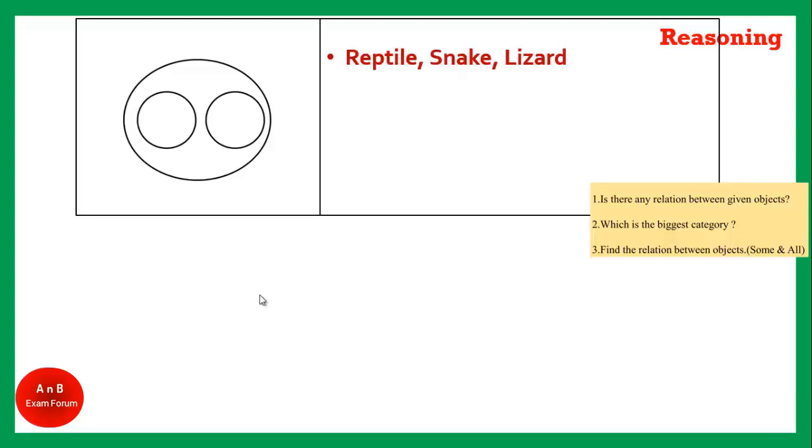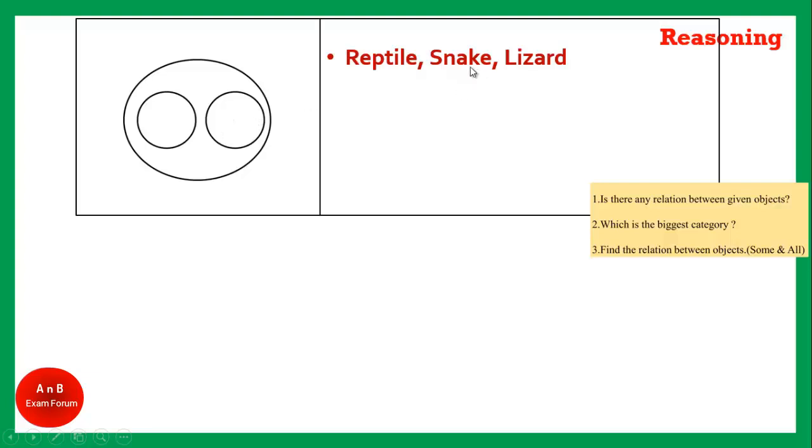Reptile, snake and lizard. Is there any relationship between these objects? Yes, all of these are reptiles, and reptile is the biggest category. So we make a big circle which represents reptile. All snakes are reptiles, so this circle represents snake, and all lizards are reptiles, so this is also a circle.